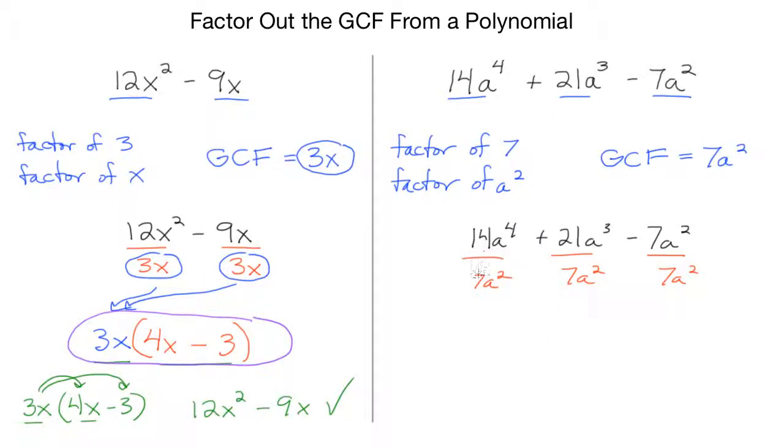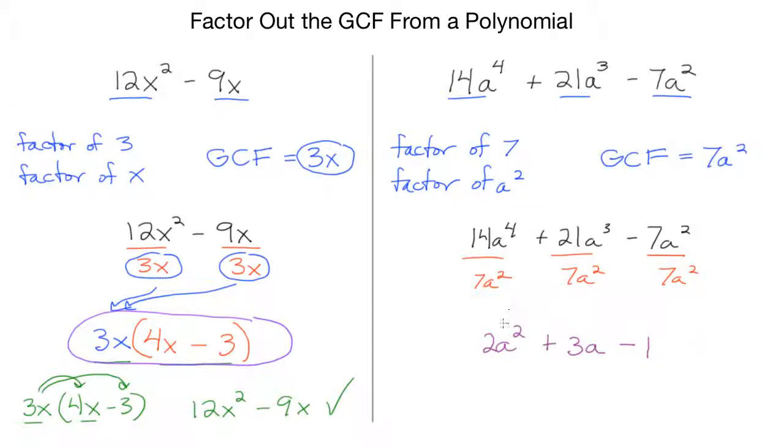So 14 divided by 7 is going to be 2. a to the fourth divided by a squared leaves a squared. Plus 21 divided by 7 is going to be 3. a to the third divided by a squared is going to leave just 1a, a to the first. And then minus 7 divided by 7 is 1. a squared divided by a squared is 1. They're the same exact thing in the numerator and denominator, so it just leaves 1.